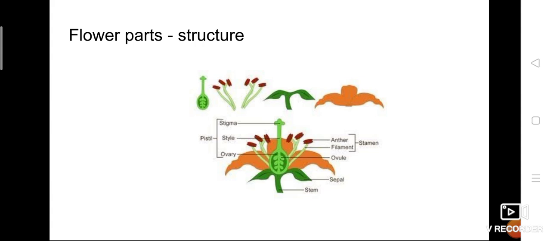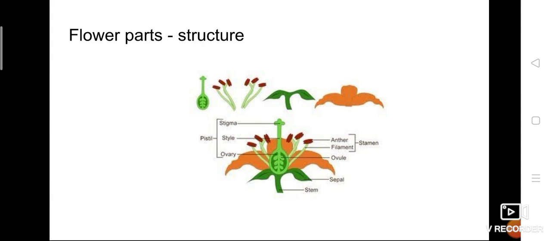The most prominent thing is the colored structure, isn't it? In this picture, an orange flower is given. That color is the part called the petals.